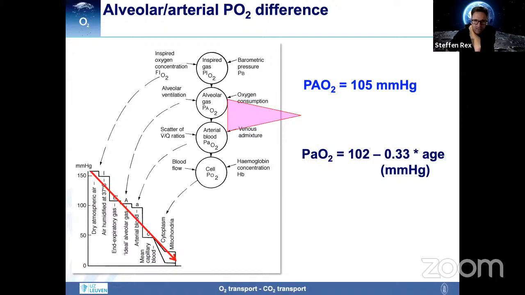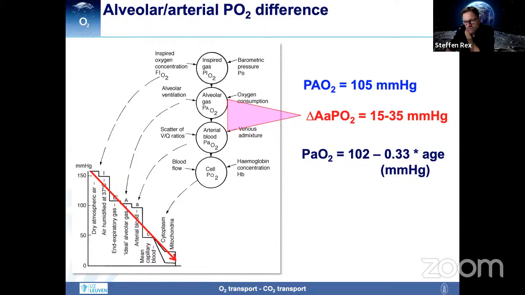Unfortunately, there is an alveolar-arterial PO2 difference of about 15 to 35 millimeters of mercury, interestingly, depending upon age. So there's a rule of thumb that the arterial pressure of oxygen is around 102 minus 0.33 times the age.